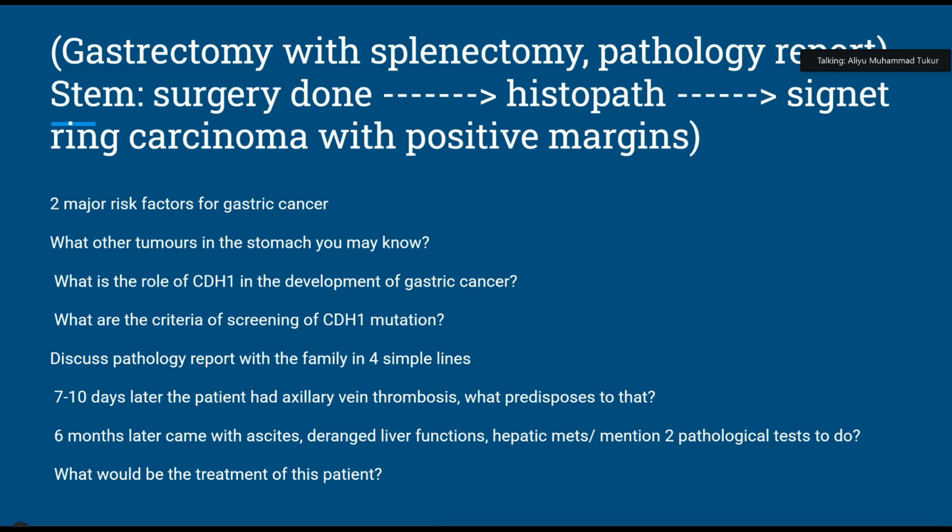Okay, the criteria, I think, is the presence of two or more documented cases of gastric cancer in first or second degree relatives, or diffuse gastric cancer before the age of 40 without a family history, and families with a diagnosis of diffuse gastric cancer and lobular breast cancer, at least before the age of 50.